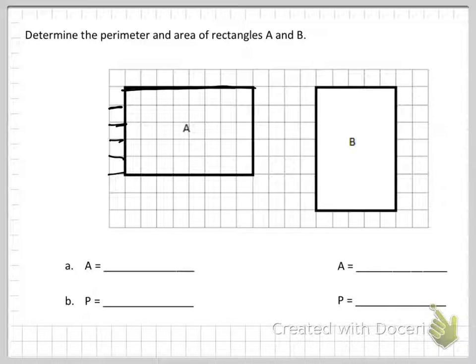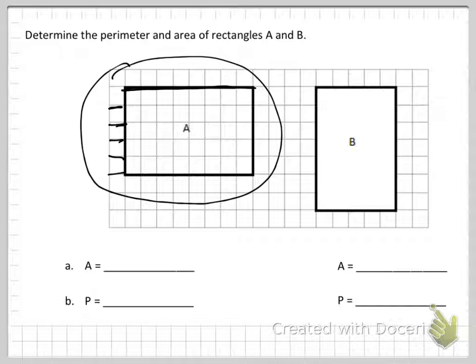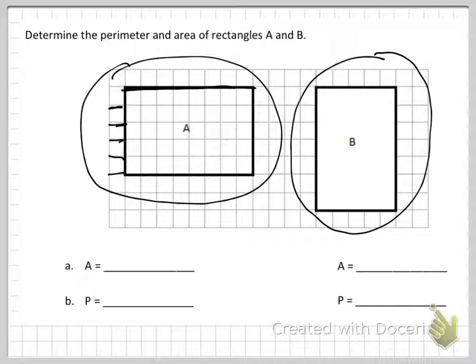For letter A, you are figuring out the area. And for rectangle B, you are figuring out the perimeter. See if you can find the area of letter A and the perimeter of B.